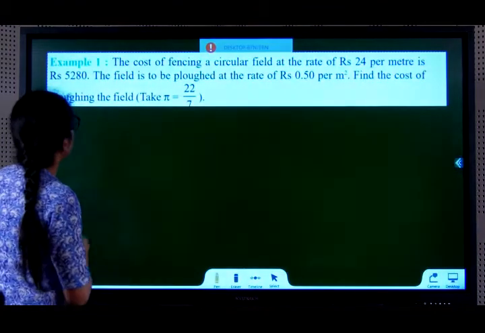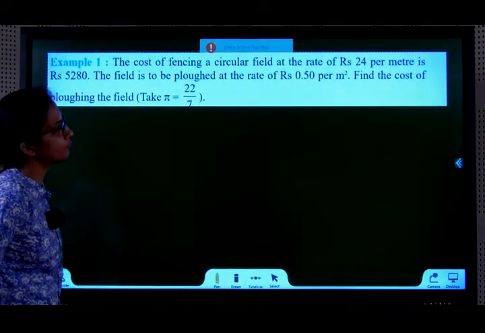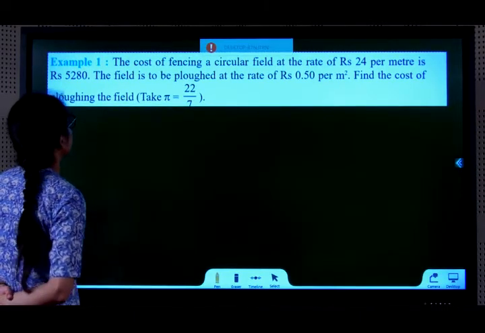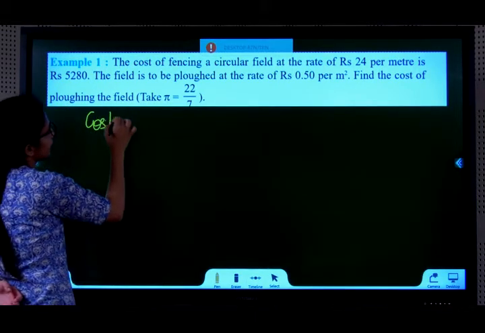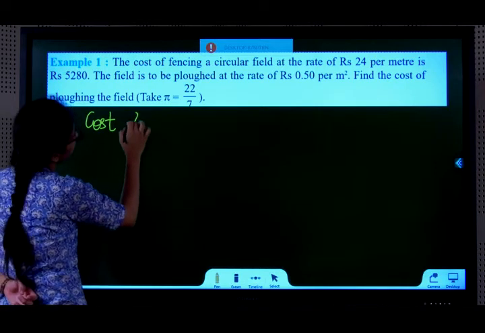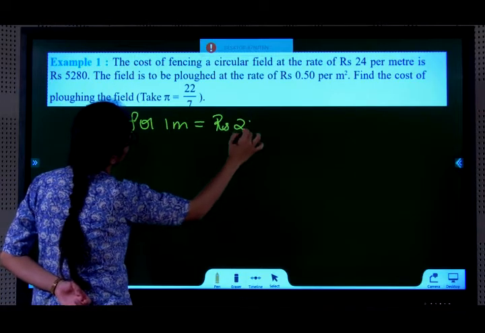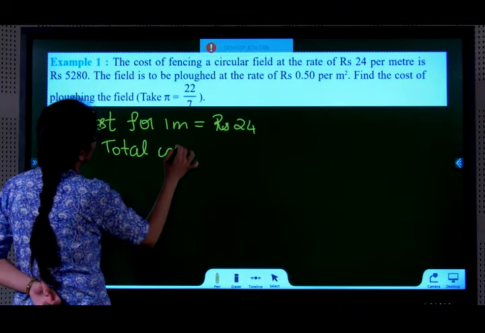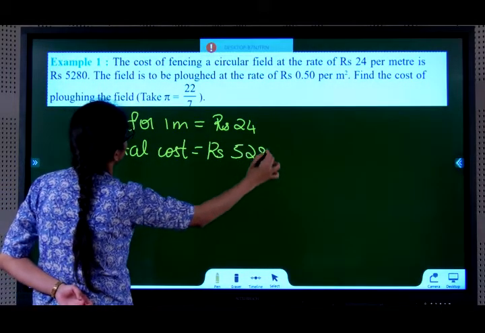Example 1. The cost of fencing a circular field at the rate of rupees 24 per meter is rupees 5280. They have given the cost of fencing per meter. So, cost for 1 meter is rupees 24 and they have given total cost is rupees 5280.